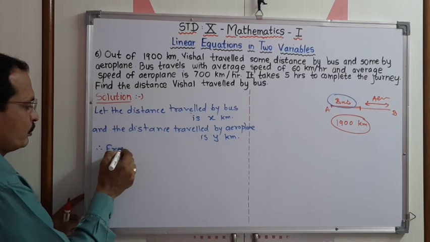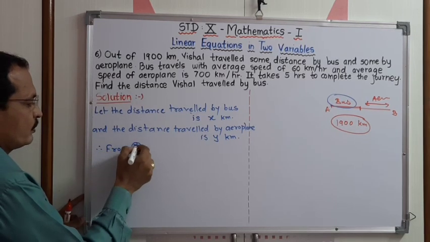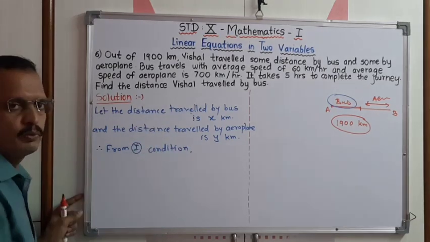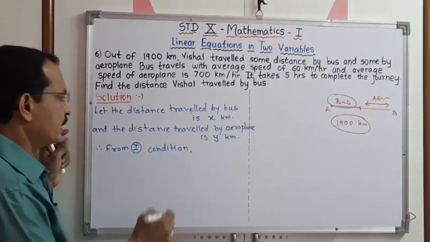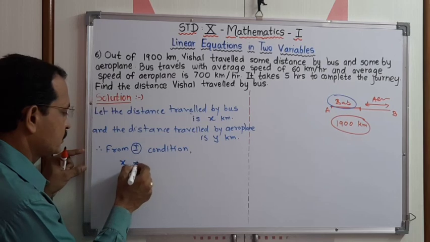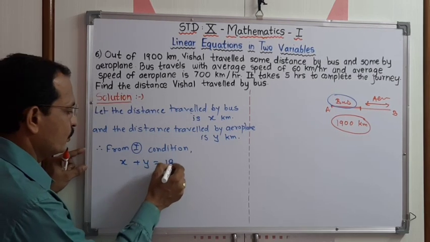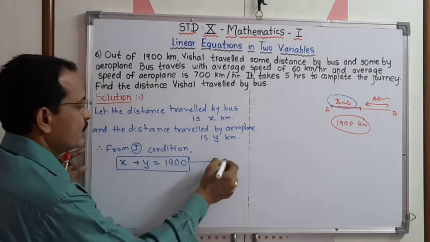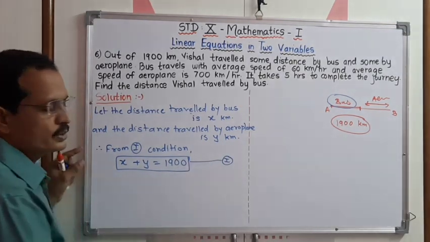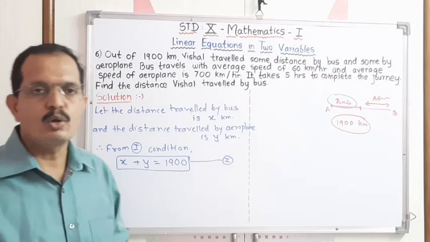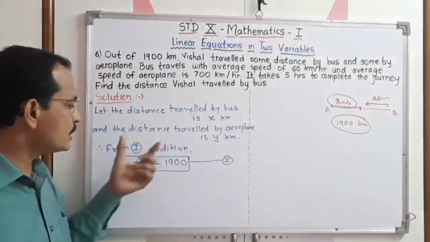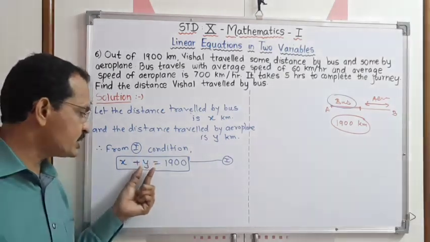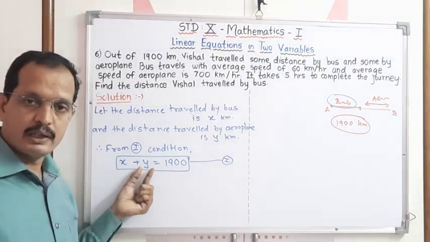Therefore, from the first condition, first information, we get the equation x plus y is equal to 1900. Total distance is 1900. Out of that total distance, he travels some distance, that is x, by bus, and some distance by aeroplane, that is y.